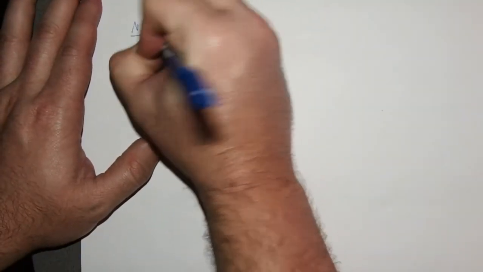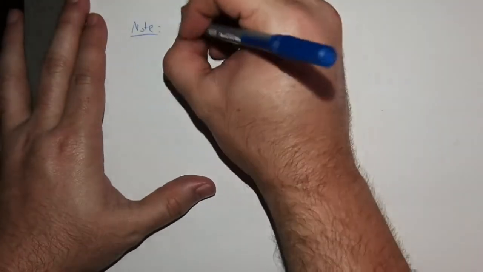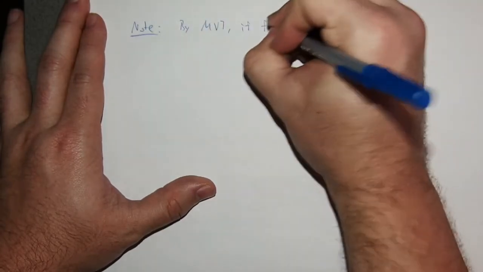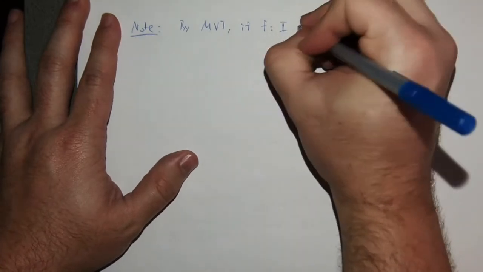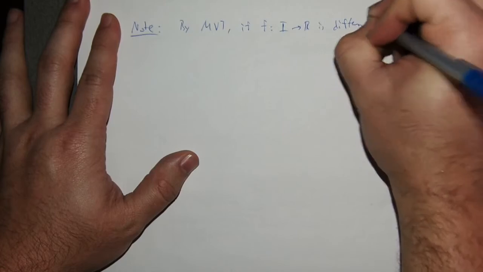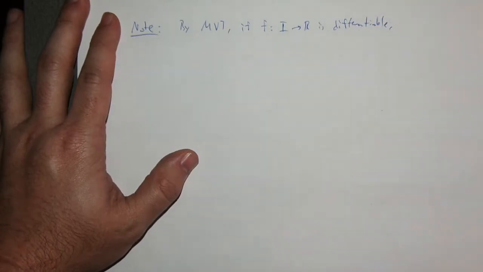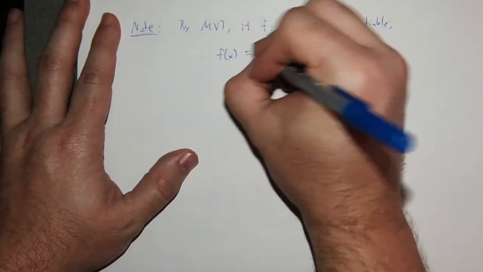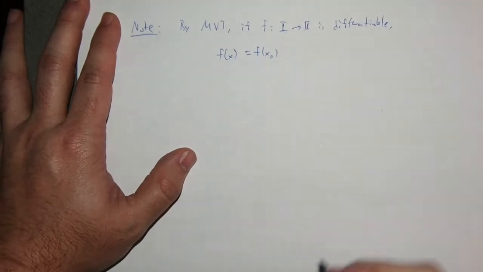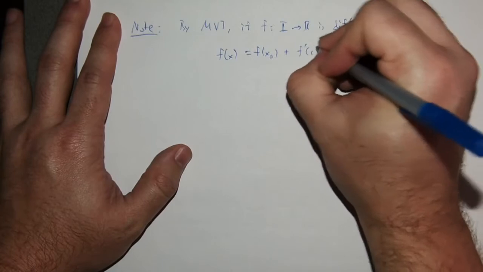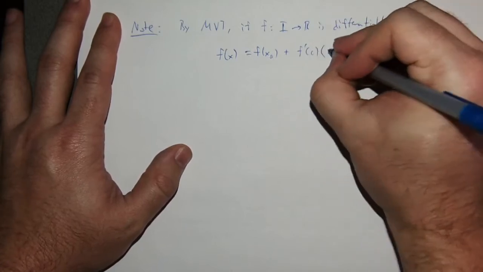So note that by the mean value theorem, if f on some interval I is differentiable, then, for instance, f of x is f of x naught plus f prime of c times x minus x naught.